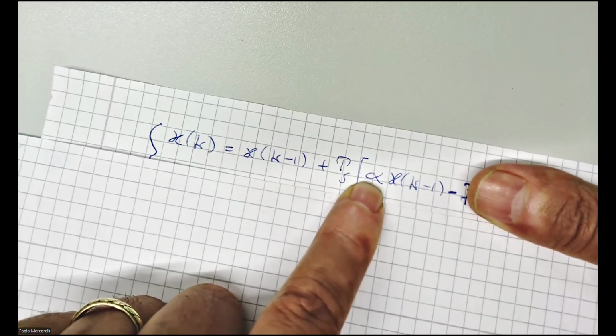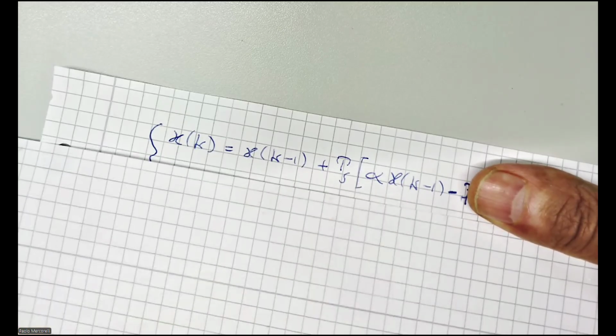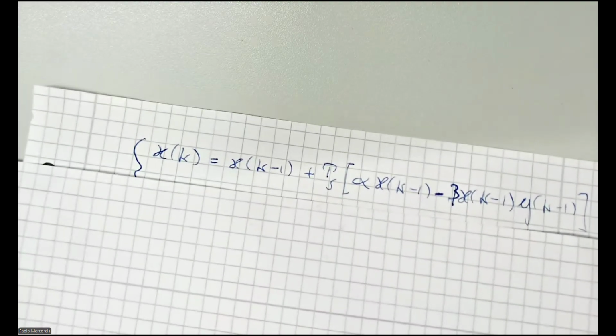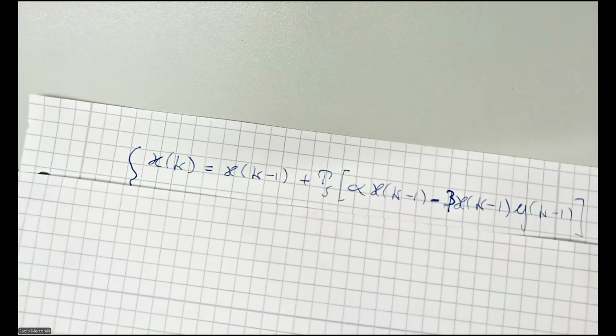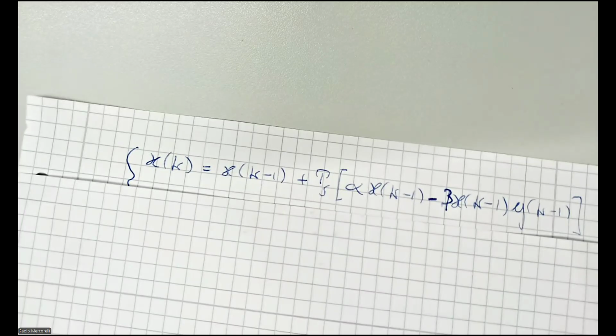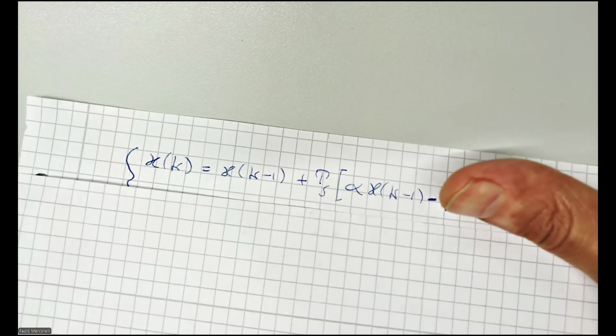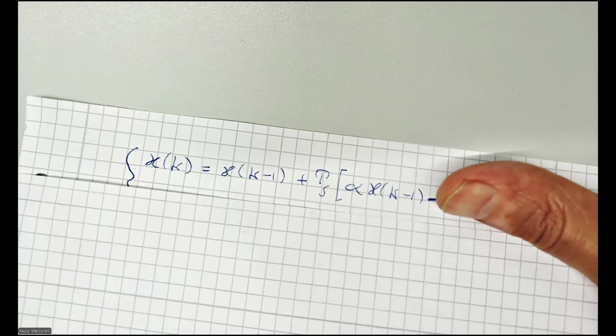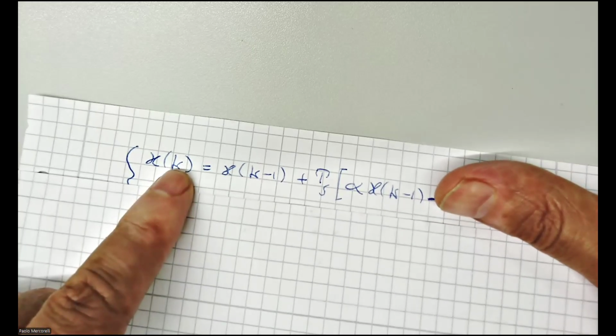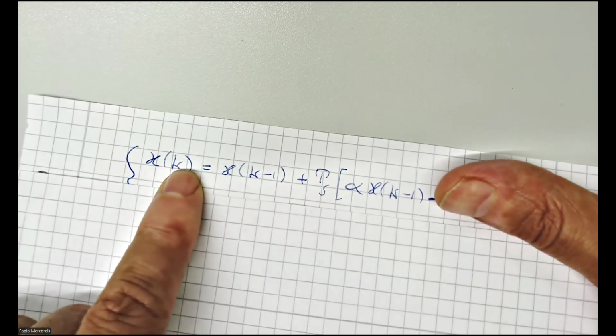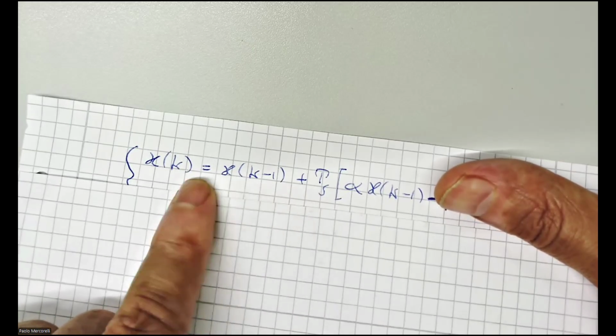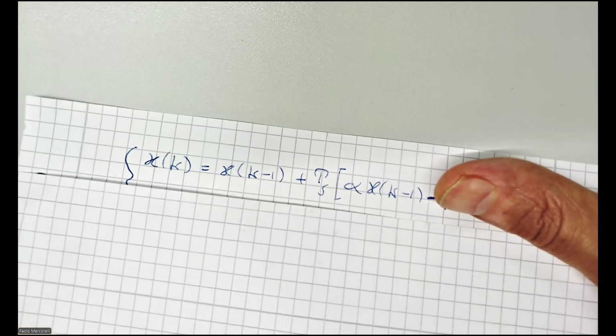Is it possible to see this? We measure xk minus 1 and xk. Of course, we measure more than two values, as we have seen last time.